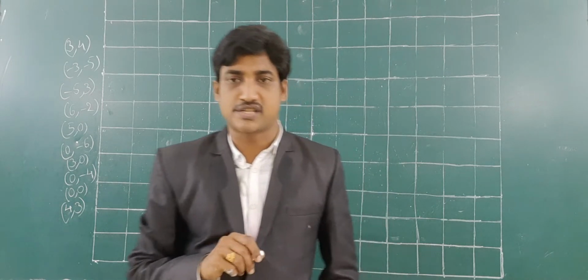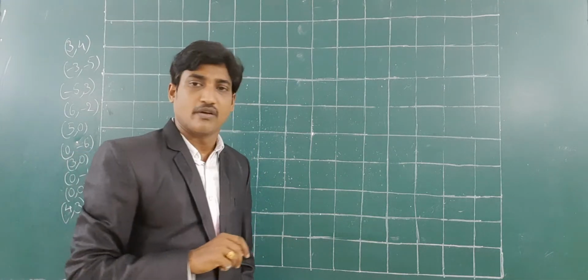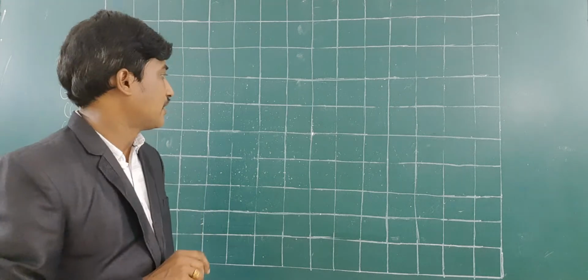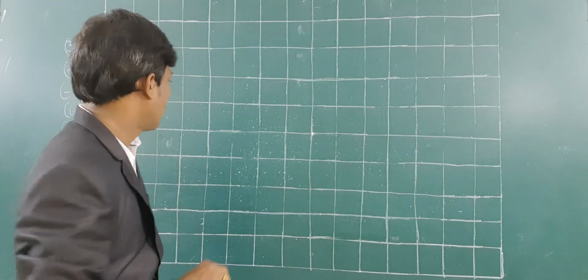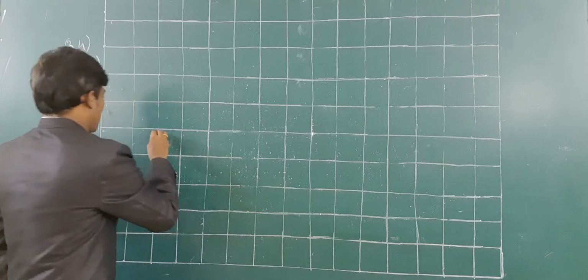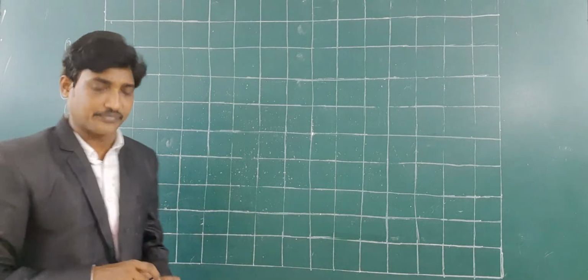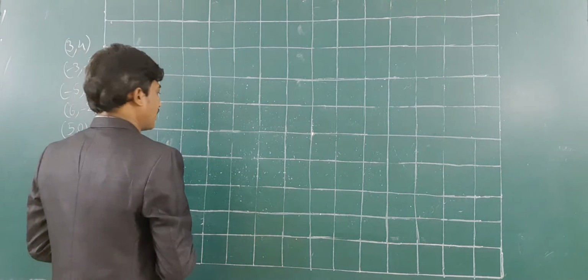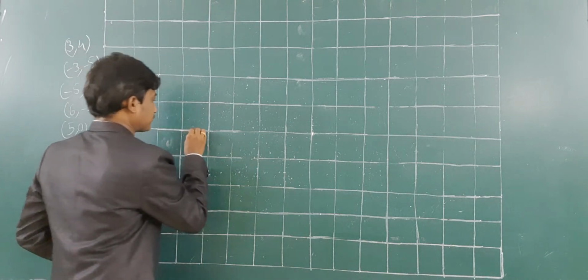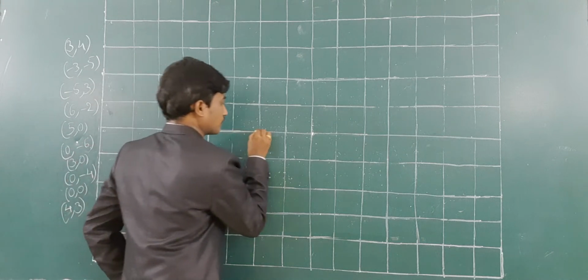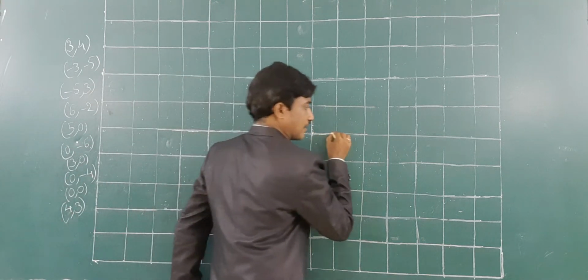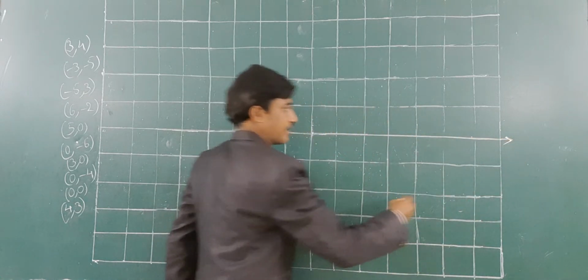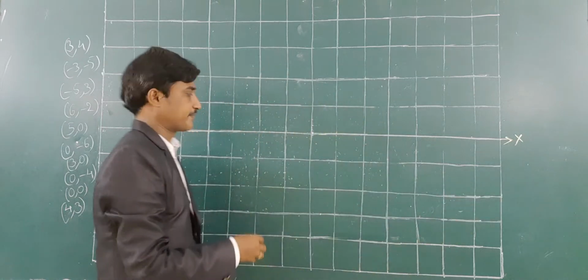To plot these points, first of all, we need to draw two mutually perpendicular lines. One is a horizontal line. Draw the horizontal line approximately at middle. Here I am drawing a horizontal reference line along this thick line. We call it the x-axis.